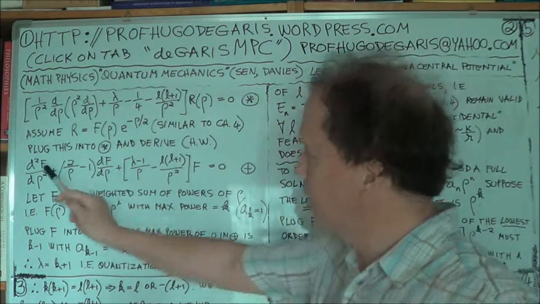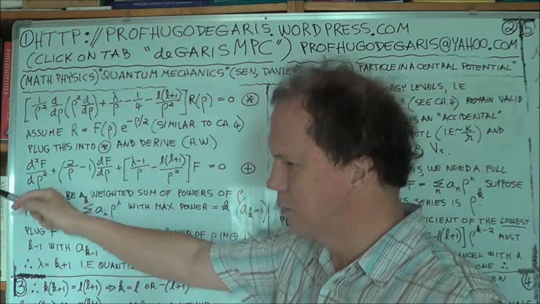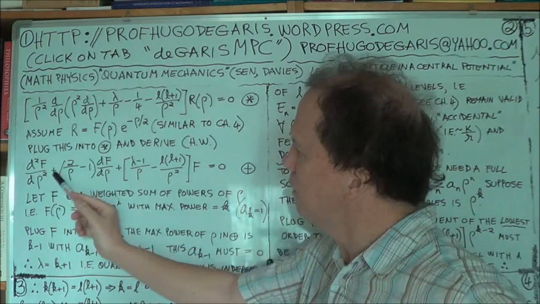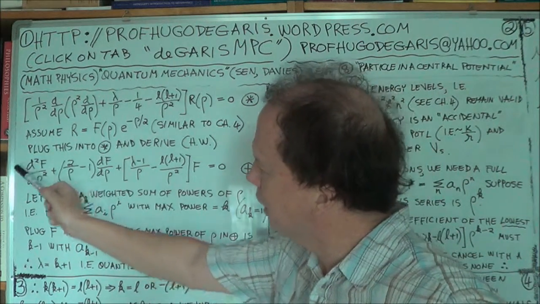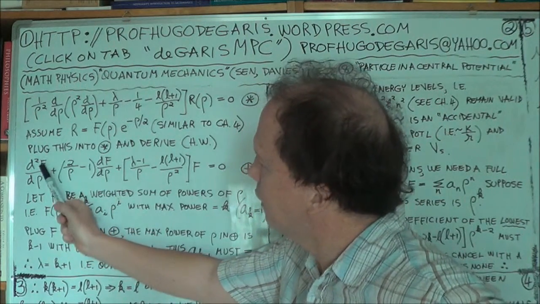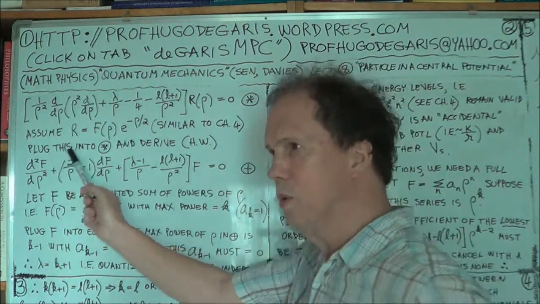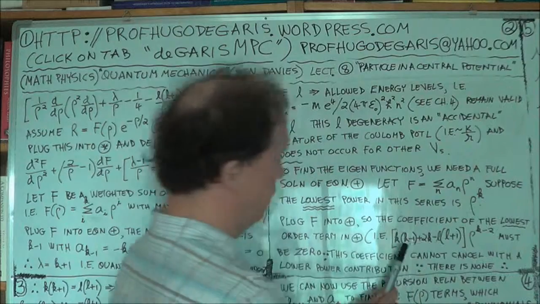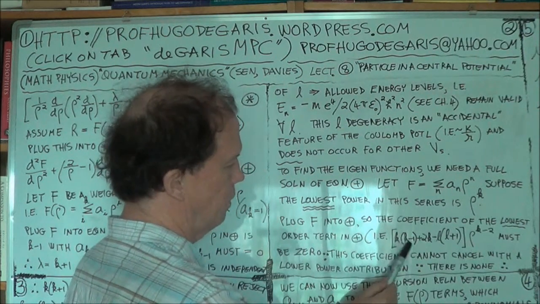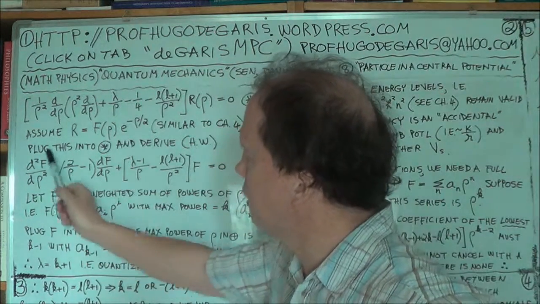So if you differentiate, rho to the k will become k rho to power k minus 1. Differentiate again, so you get k times k minus 1 times rho to power k minus 2. Okay?